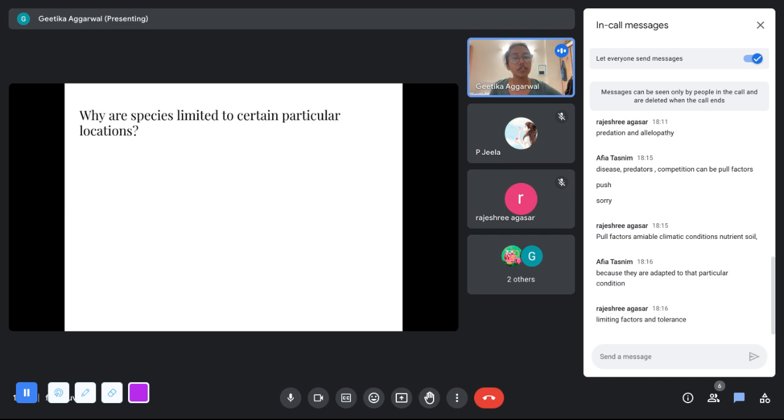Because they're adapted to those conditions, that is correct. Limiting factors and tolerance. Yes, you are okay.